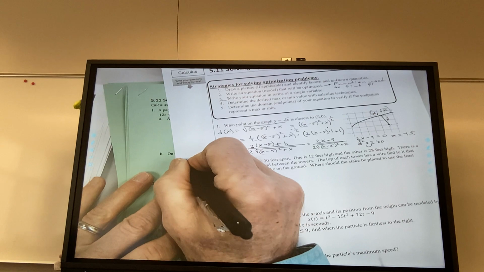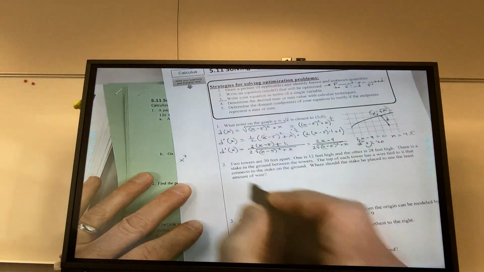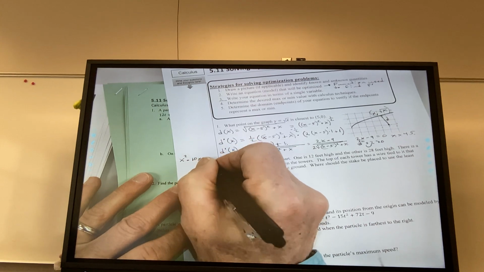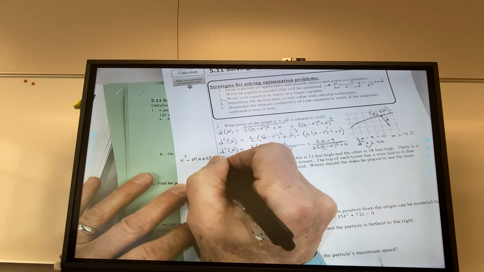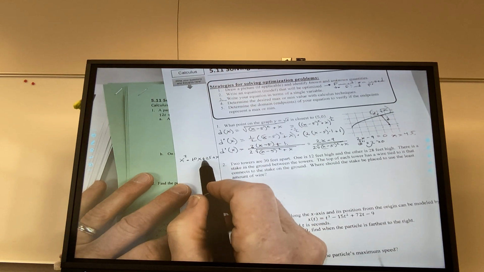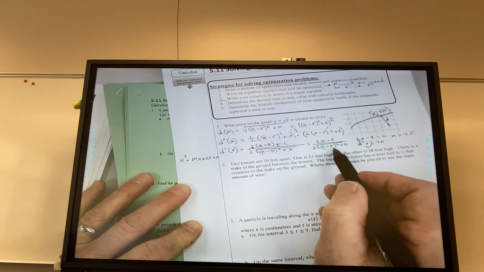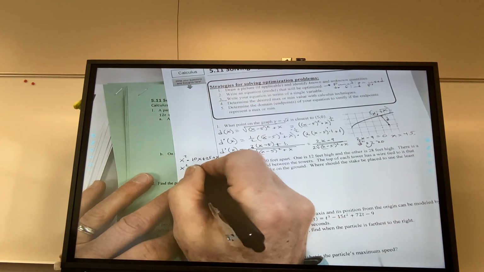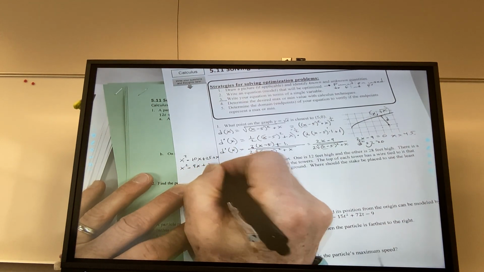And I'm going to write x squared minus 10x plus 25 plus x. So where did I get that x squared minus 10x plus 25? I just expanded this x minus 5 squared. And that's going to give me x squared minus 9x plus 25.